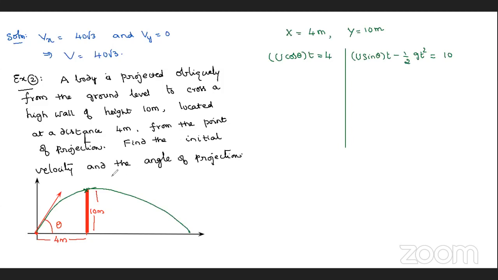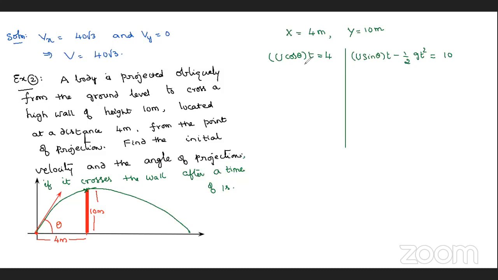Now observe the question: find the initial velocity and angle of projection if it crosses the wall after a time of 1 second. Now you can calculate.